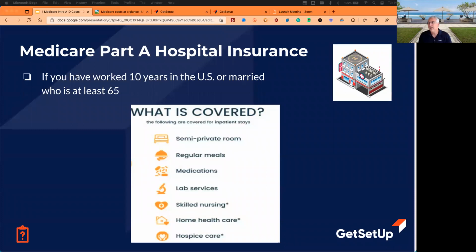So Medicare Part A: if you've worked in the United States, 3 months before your 65th birthday, you'll get a nice letter from Social Security letting you know that you are automatically enrolled. If you're an employee of a company, still working and receiving benefits through that corporation, then you don't need to do anything at this point. But Part A, you are automatically enrolled in.